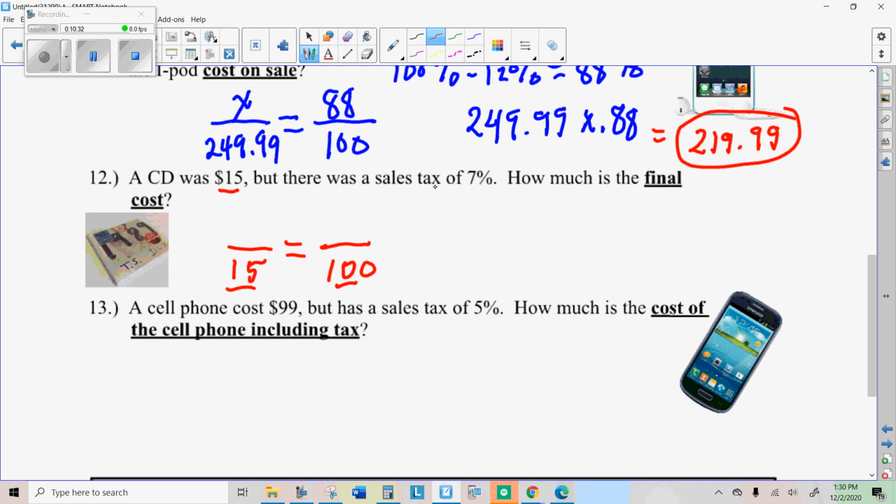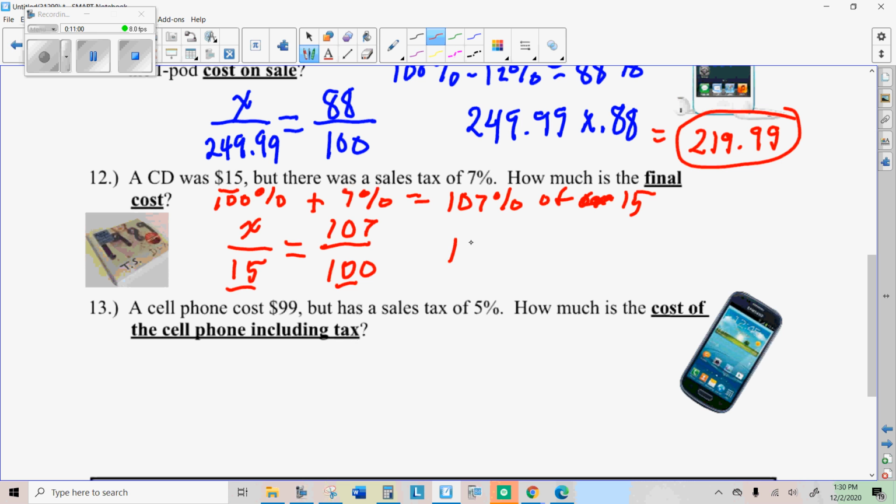Okay, and then if you are adding on to that 100%, so this 15 is your 100%, plus your sales tax is 7%. In the end, you're going to have to pay 107% of the original. Or in this case, 15. 107% of 15. So put 107 right there.